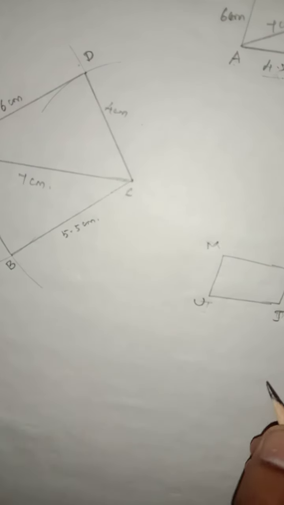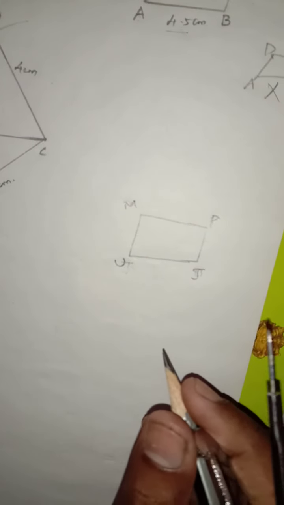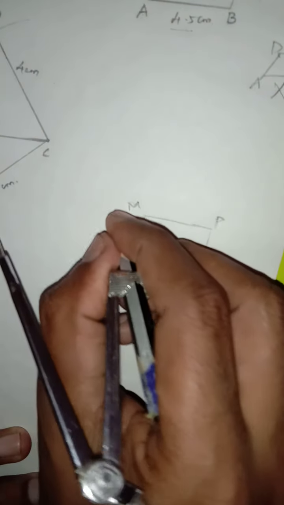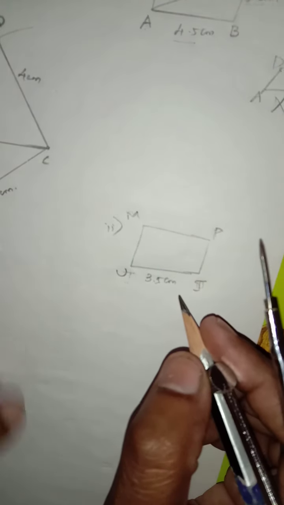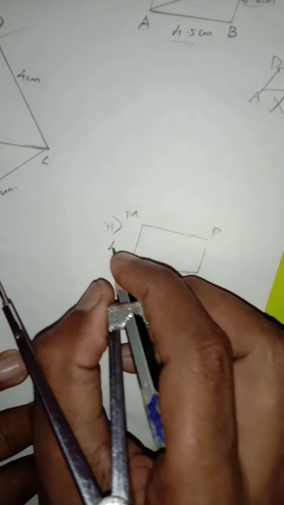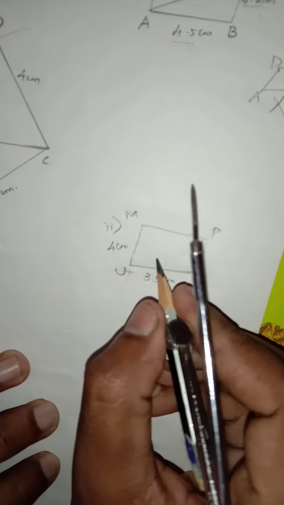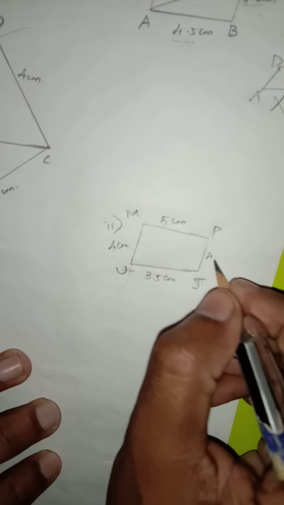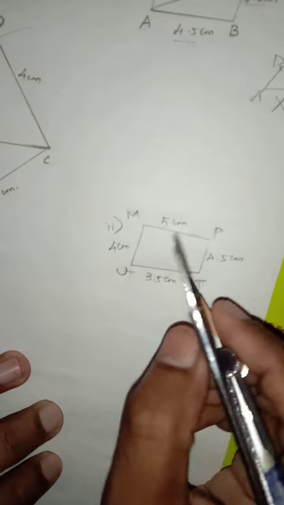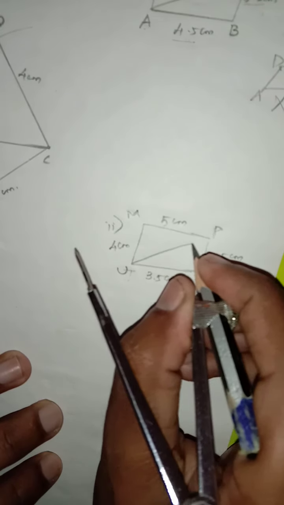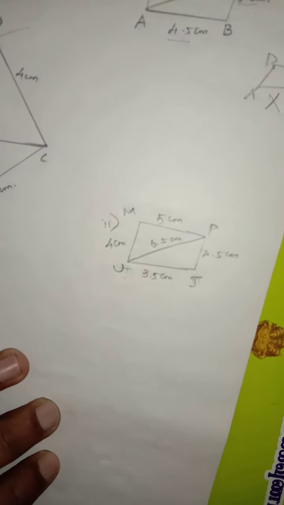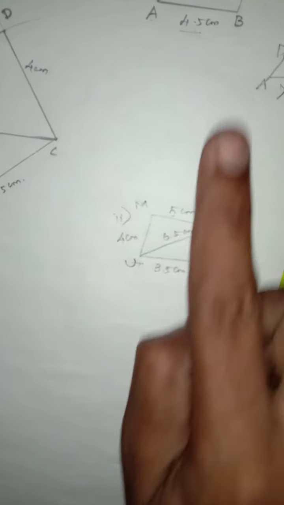JU is 3.5 centimeters, UM is 4 centimeters, MP is 5 centimeters, PJ is 4.5 centimeters, and the diagonal PU is 6.5 centimeters. As usual, use the same concept as in the first question.